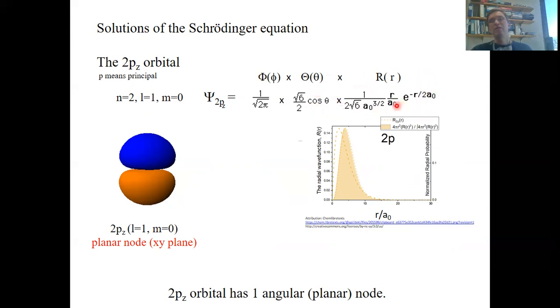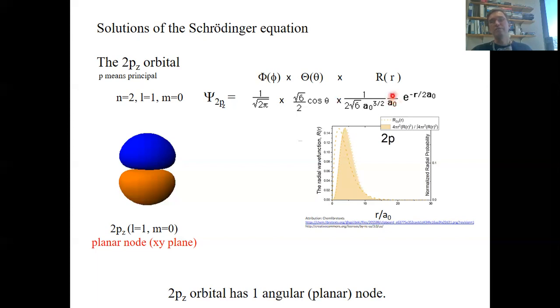Okay, now we see that the radial part of the wave function has 3 components: this one here, which is a simple coefficient, then our exponential term again, e to the power of -r over 2a0, and this one here, r over a0. So this term here produces an important difference to the s orbitals.